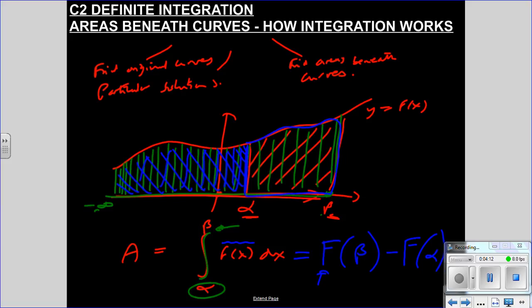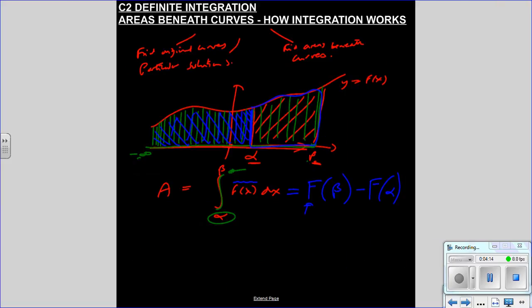So, what do I mean by that? How does this work? What I'm saying is, if I integrated, let's have an example. Let's say I've integrated y equals x squared plus 4. So this is 4 here, isn't it? And I want to know the area between 1 and 3, this shaded region here.